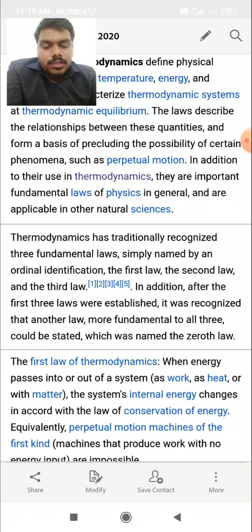This is the definition. Thermodynamics is made up of two words, thermo plus dynamics. Thermo means heat, dynamic means movement, heat movement. Basically, thermodynamics gives the foundation for heat engines.